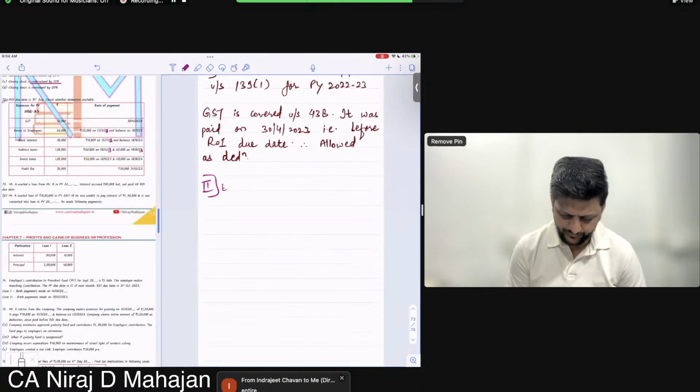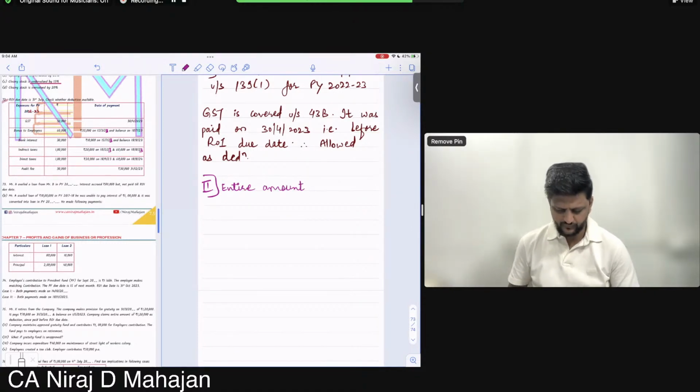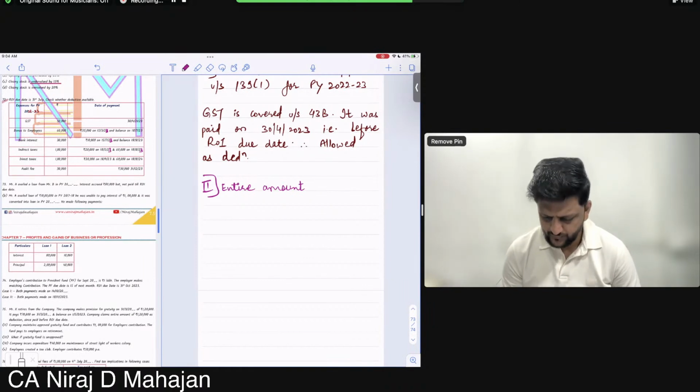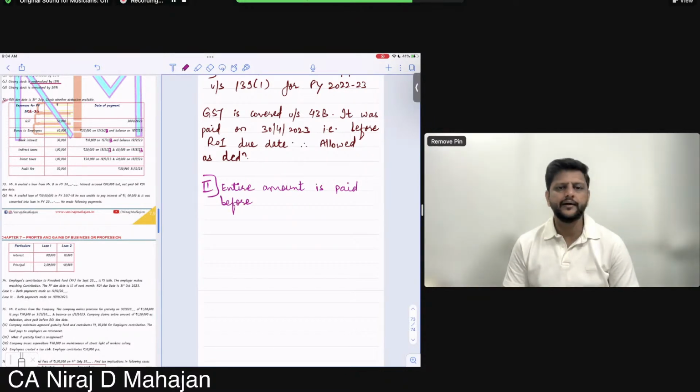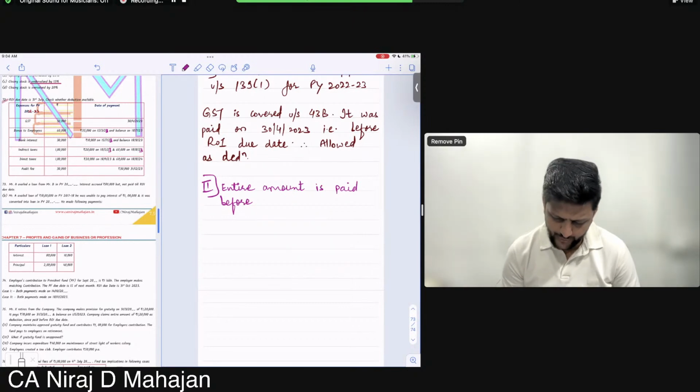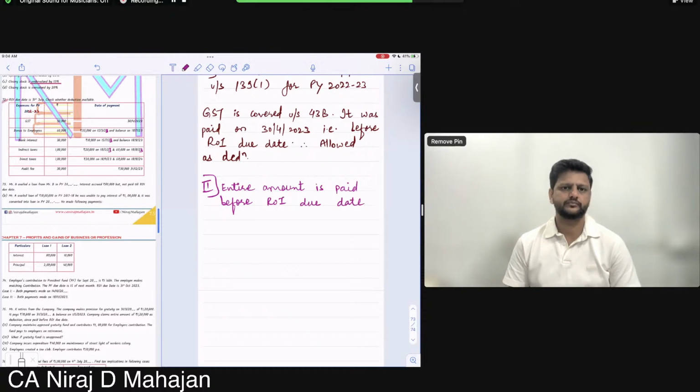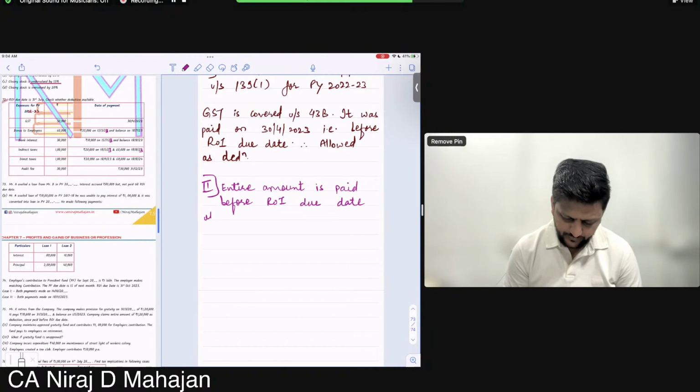So write down. Entire amount is paid before ROI due date of PY 21-22.